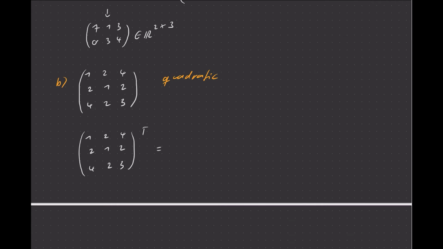If we transpose that matrix, again, we take the first row here and write that as a column. The second row here, we write that as a column. And here's the last row, and we write that as a column as well. If you compare the results, you will notice that this is exactly equal to the original matrix. So this matrix is indeed a symmetric one.